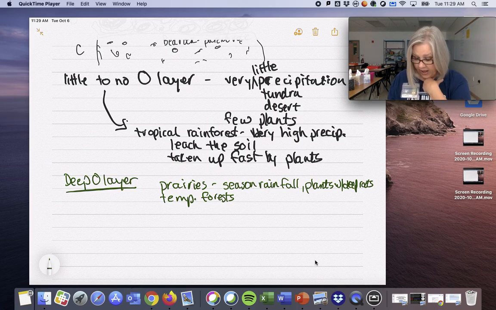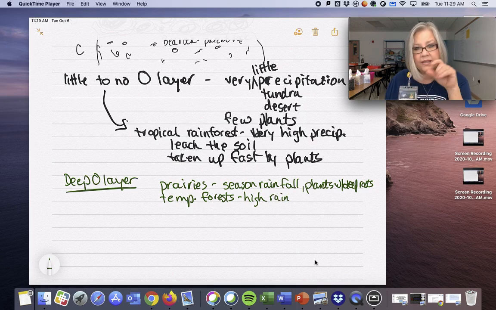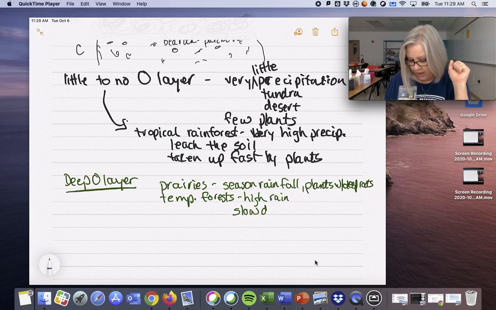All right, and the temperate rainforest, they're going to have a deep O layer. They do have high rain, right? So places like Seattle, they're going to have high rain, but it's going to have slower decomposition. And why does it have slow decomposition? Well, it does because it has low temps.